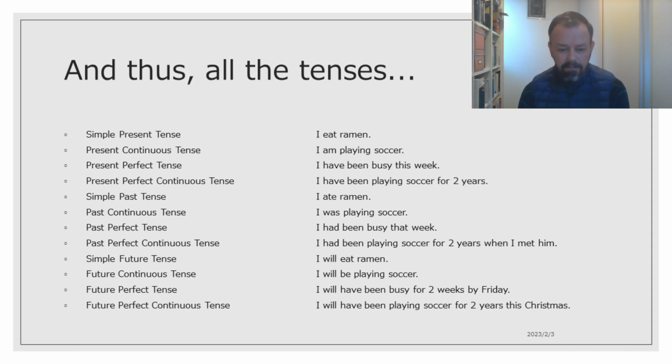But this example here, I have been busy this week. So we can imagine from this that the week is not finished. This week is an open time period compared to last week, which is a closed time period. So the week is not finished, but the person is saying from the start of the week up until this point, I have been busy.